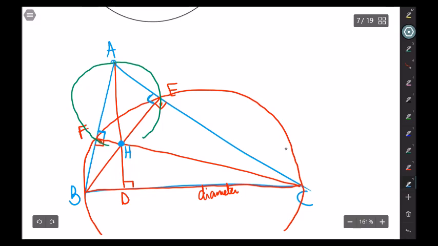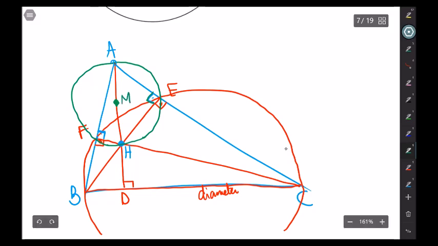We have 4 points, AFHE, such that the opposite angles add up to 180 degrees. They are supplementary angles. So necessarily H has got to be on that circle. You guys see that? But moreover, it gives us something else for free, and it is that because these are 90-degree angles, the diameter of that green circle happens to be on AH. In fact, the center is the midpoint of AH. Yes, so the midpoint, call it M, for instance.